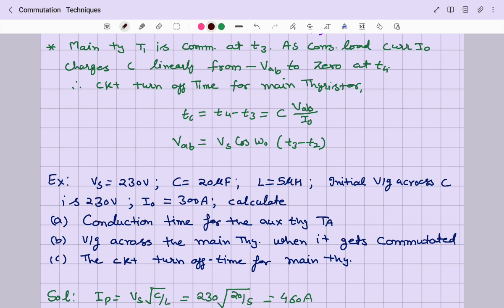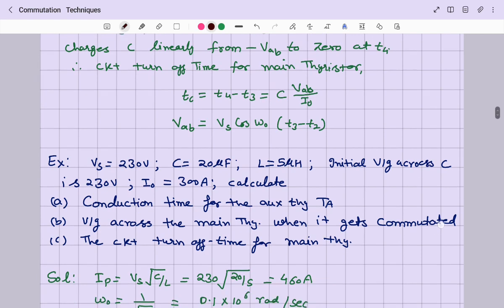Now you have to calculate the conduction time for the auxiliary thyristor TA. Next, the voltage across the main thyristor when it gets commutated, and the circuit turn off time for the main thyristor. These three things you have to find. You have to find yourself.